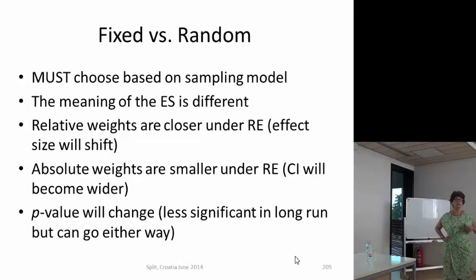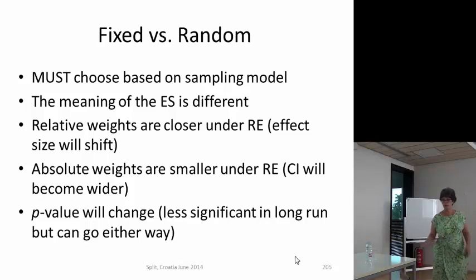The important things I would like to highlight about the differences between fixed effect and random effects models are that the meaning of the mean effect, or the overall effect, is different under the two models. In one case, it represents the best estimate of the single population value.